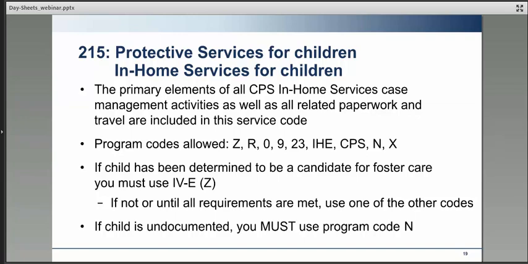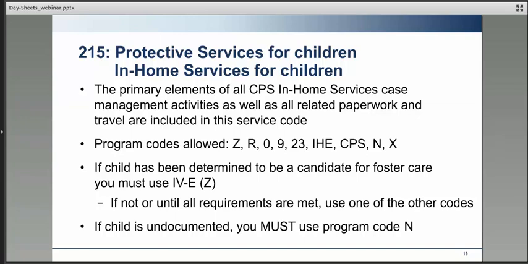However, another major difference between this and the 210 area, if the child that you're serving is undocumented, not a citizen, not a qualified alien, you must use program code N as in Nancy, N as in no, or no other codes allowed.